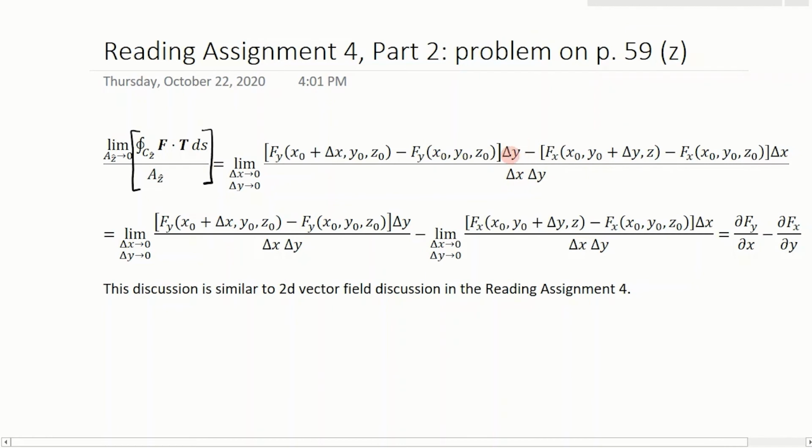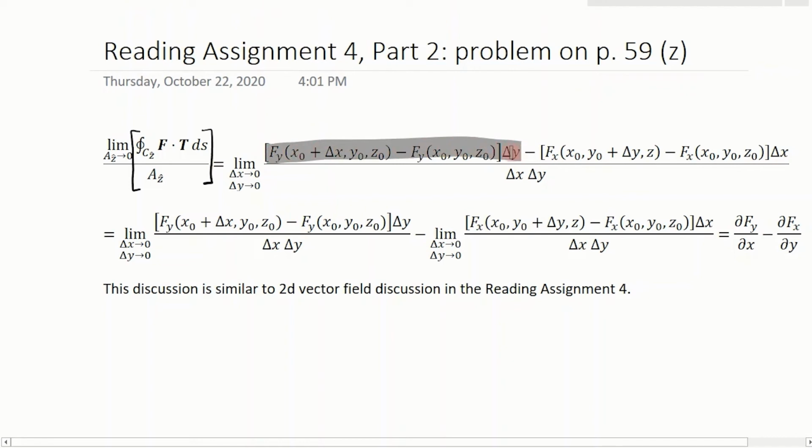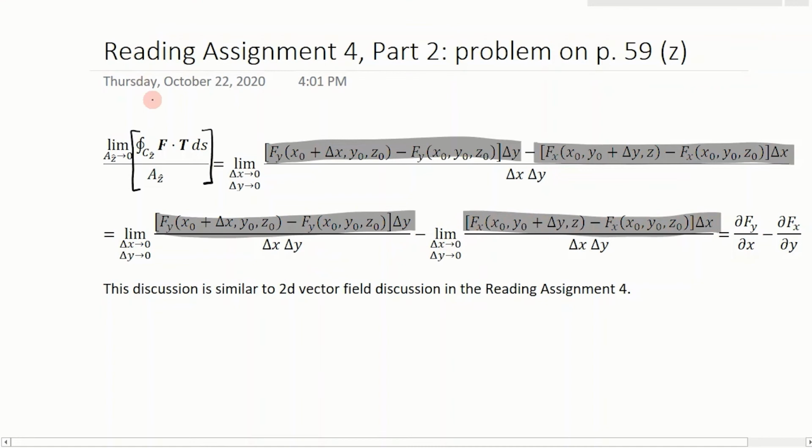And now you see that if I split this into two parts, one corresponding to this and another one corresponding to this, I'll be able to cancel delta y for this integral and delta x for this integral.